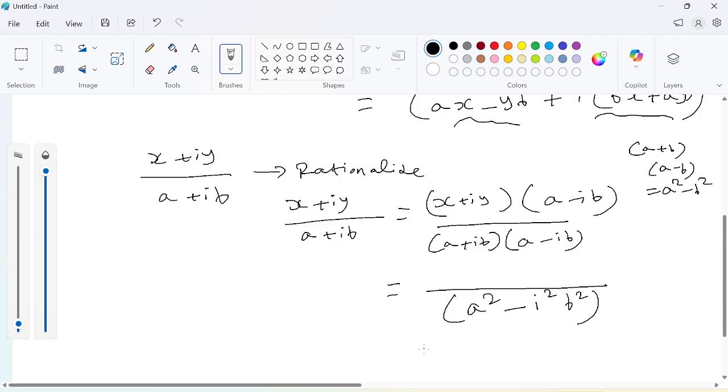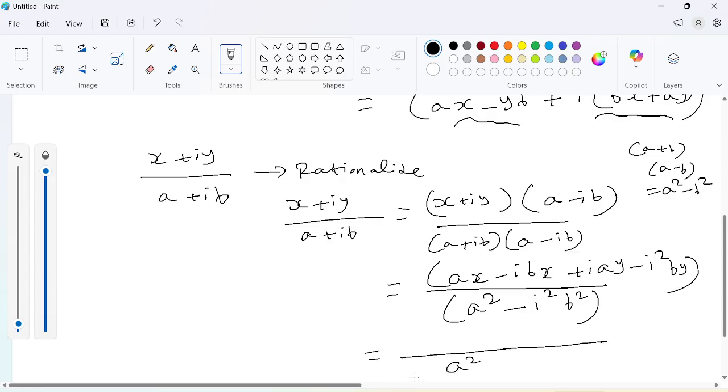Okay. Now this will be ax minus ibx plus iay minus i square by. So this will be now a square minus i square b square. I square will be minus 1. Minus of minus will be plus. So plus b square.